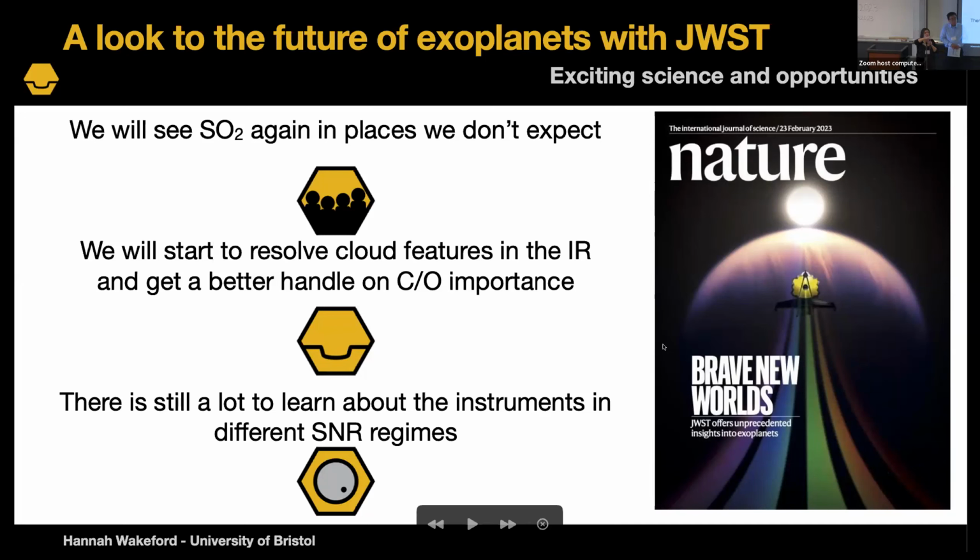In addition to that chemistry driver, we're also seeing the influence of the scattering properties of these clouds. We see the broad properties of the clouds themselves, but we don't know what kinds of clouds are causing it. Scattering is generally indicative of small sub-micron sized particles scattering that light.